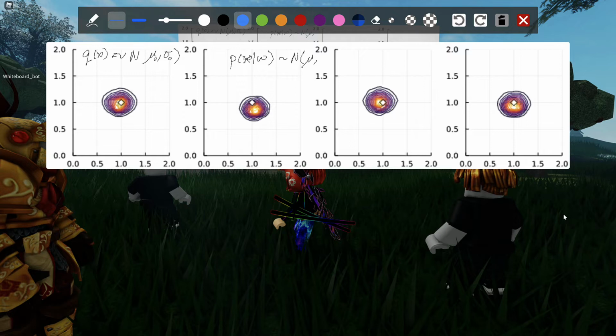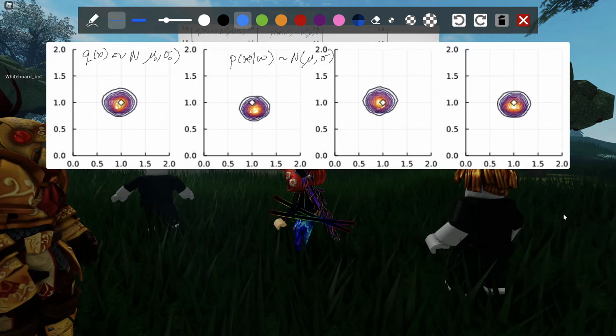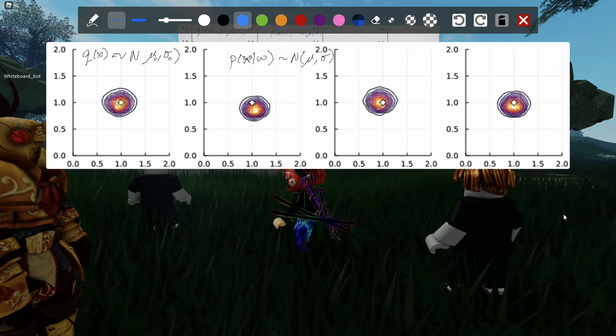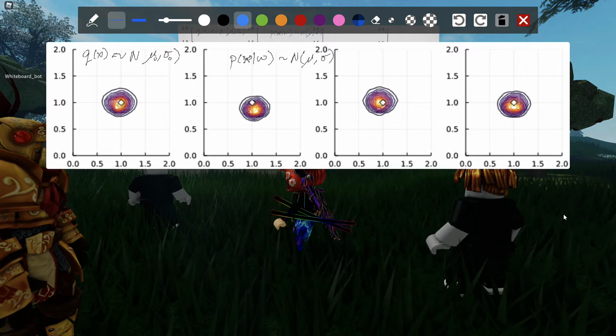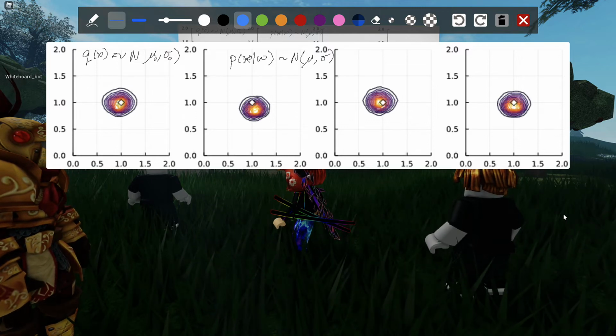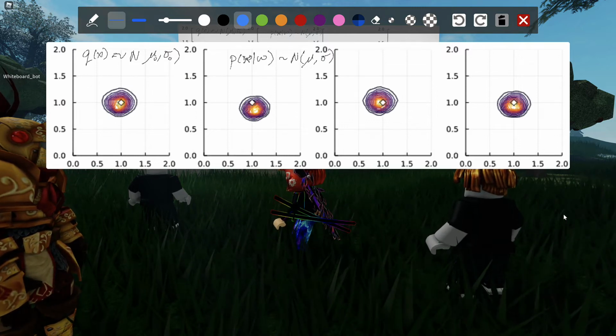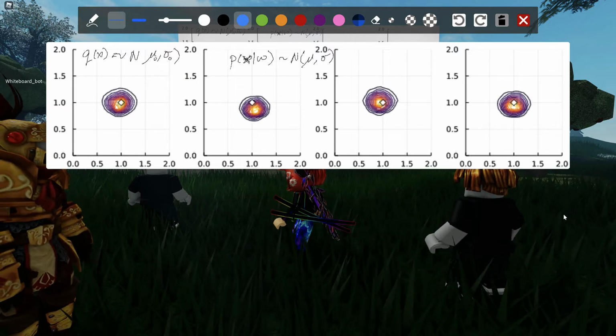I'm committing the same terminology sin as people usually do, using model in multiple different ways. But anyway, what I wrote is what I meant.